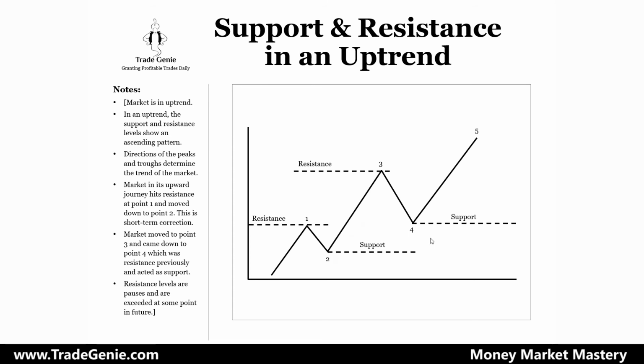So not only are we looking at the previous resistance, which is now support, but also the previous support, which is still a support. There was a support before, which is still a support, and then there was a previous resistance, which is now a support.